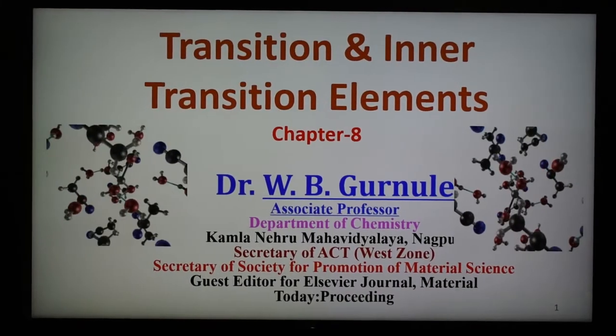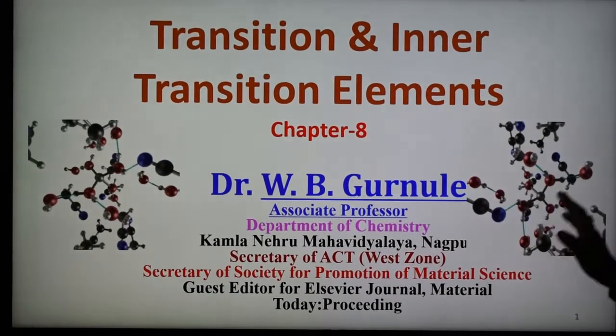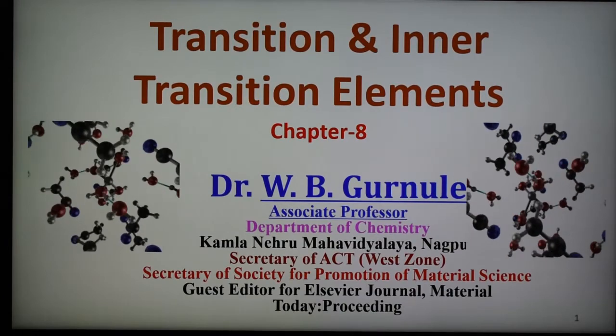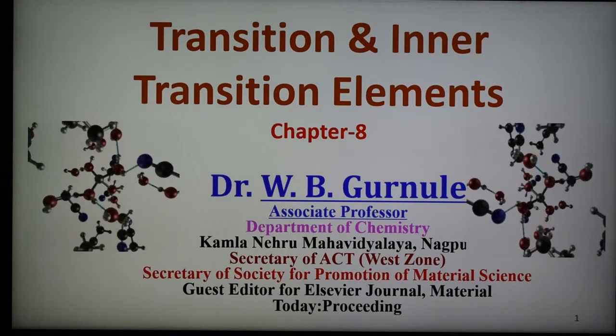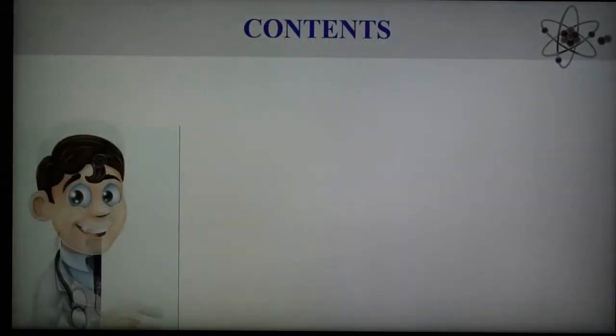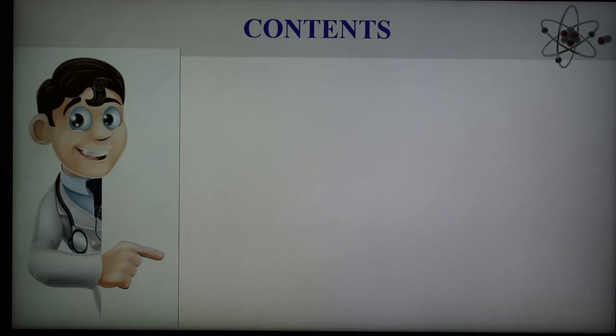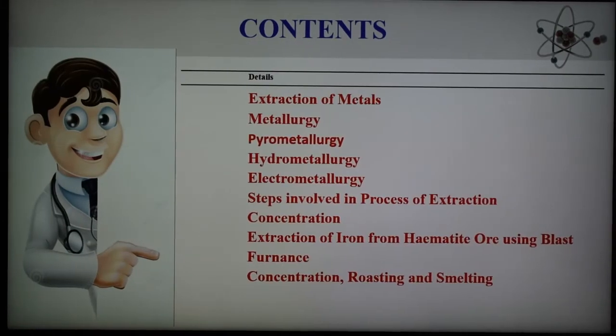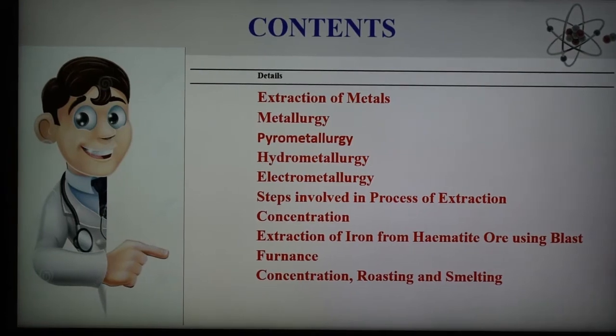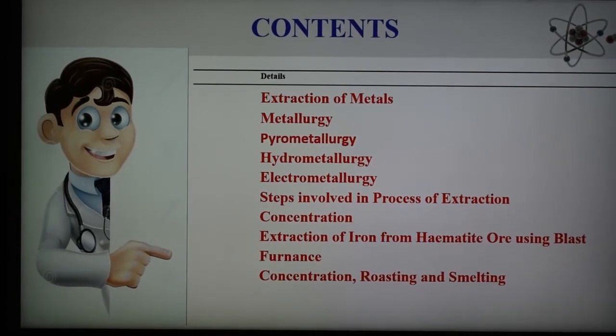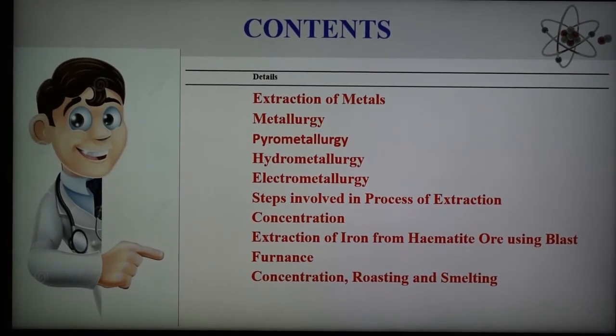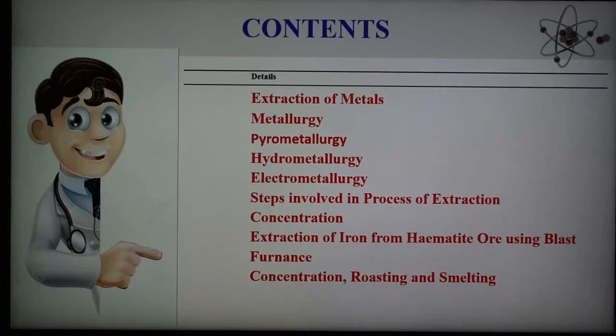Today's topic is transition and inner transition elements, and we are going to discuss the contents shown in this slide. These are the topics: the extraction of metal, what is metallurgy, the three types of metallurgy: pyrometallurgy, hydrometallurgy, electrometallurgy, and the different steps involved in the process of extraction.